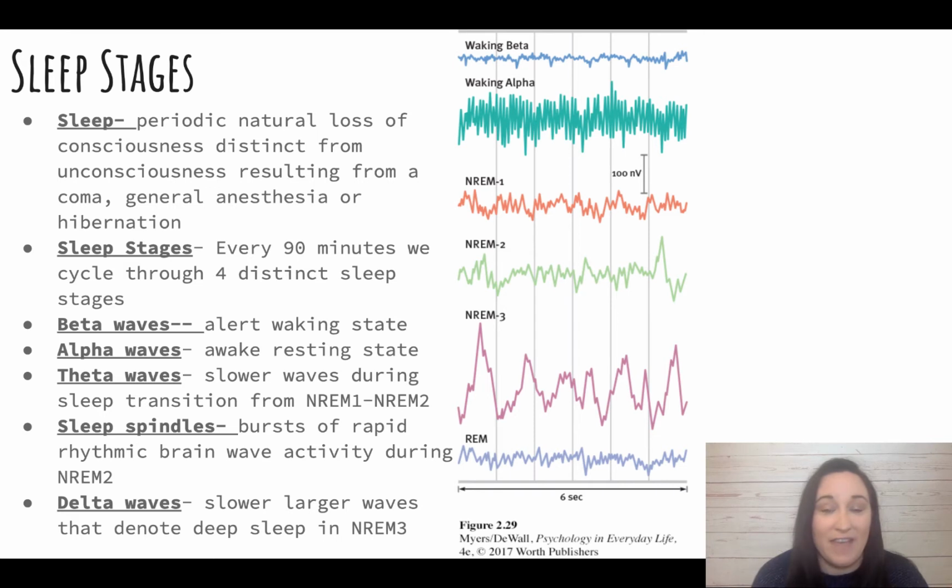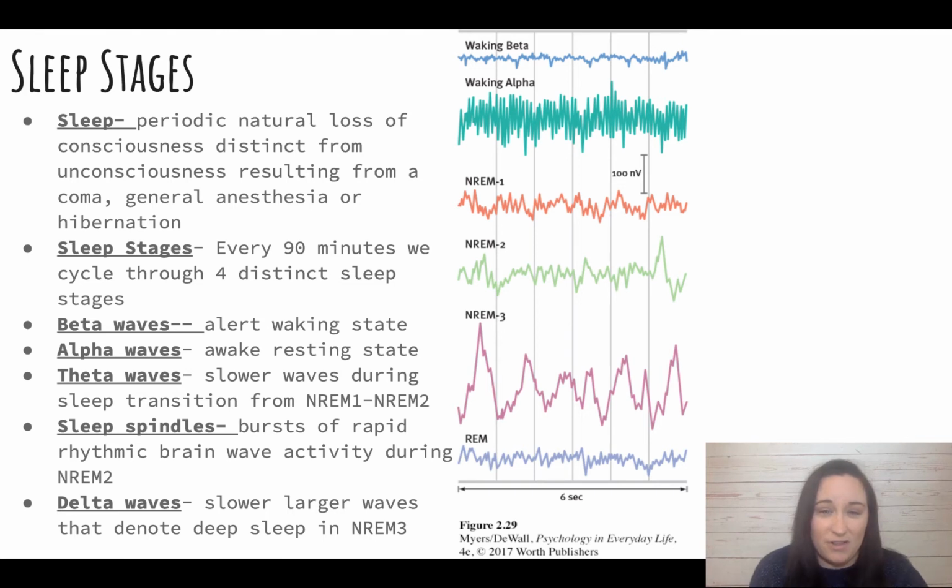When you are having alpha waves, you are awake, but you are in this restful state. So think of like when you're in bed and you're not asleep yet, but you're in this relaxed state. These waves also show when someone is meditating. Then you go into the theta waves.